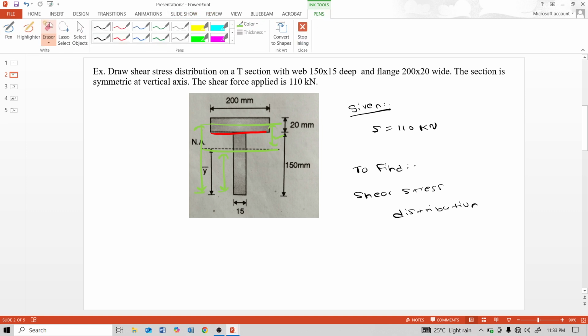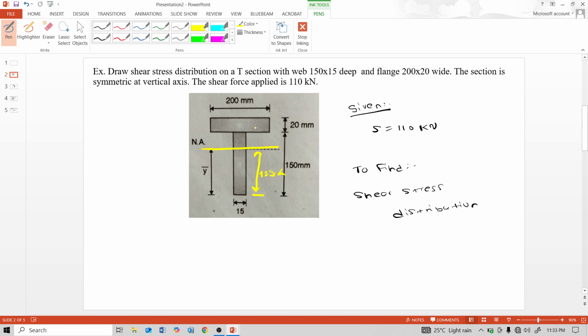See, once again, we have to find the CG of the area above the neutral axis. What is the neutral axis? This portion is the neutral axis, and the neutral axis is at a distance of 129.4 from the bottom fiber. And we have to calculate the CG of the area above junction with respect to this neutral axis.